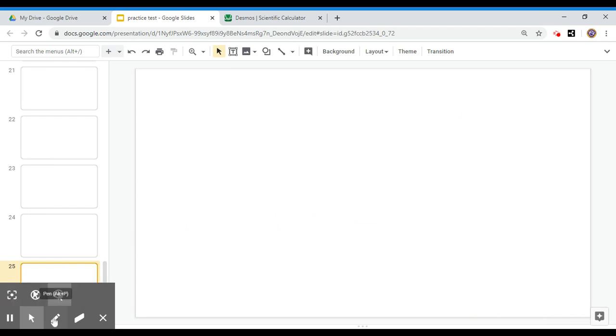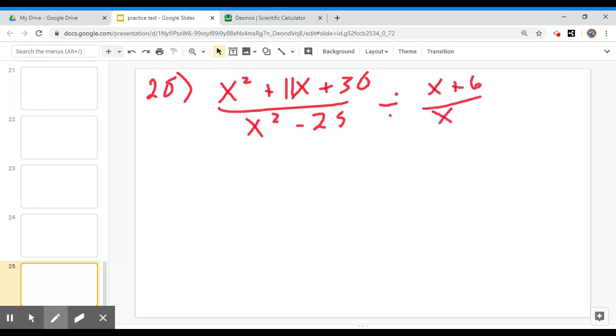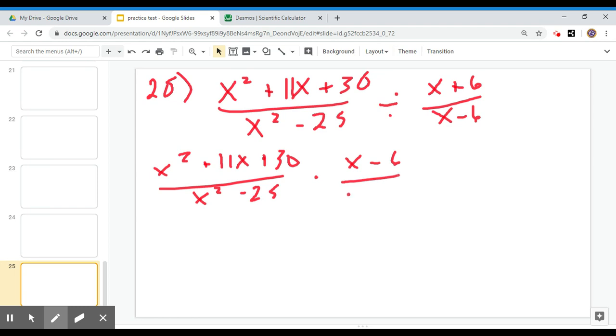All right, last one, 25. So we have x squared plus 11x plus 30 over x squared minus 25 divided by x plus 6 over x minus 6. We do keep, change, flip, and then we multiply.